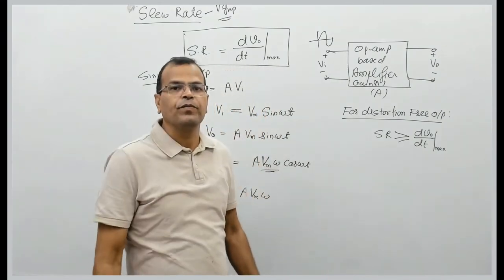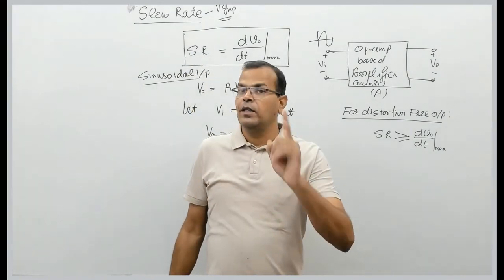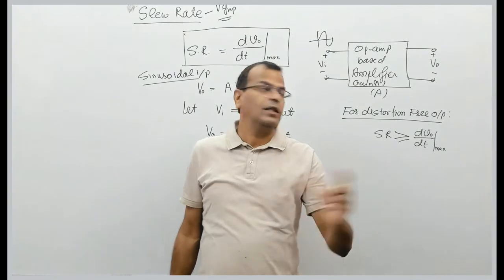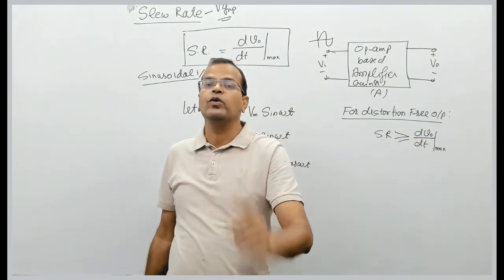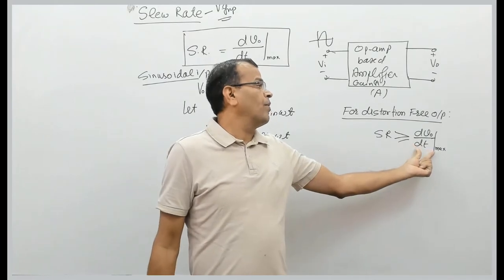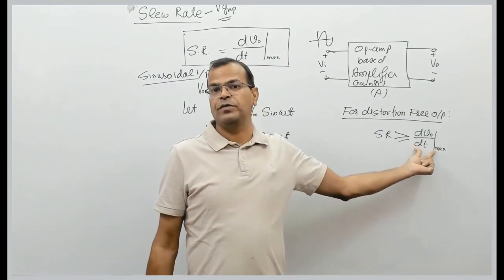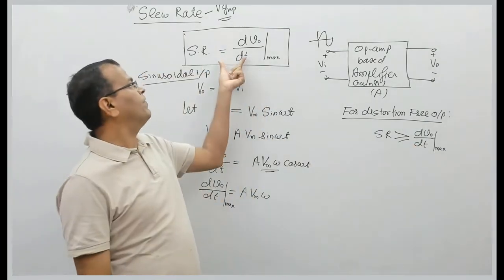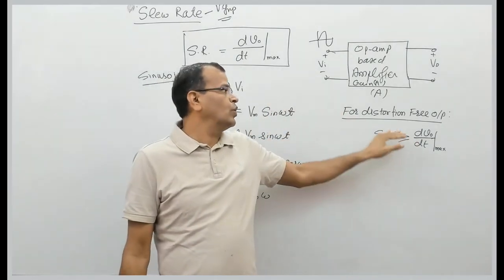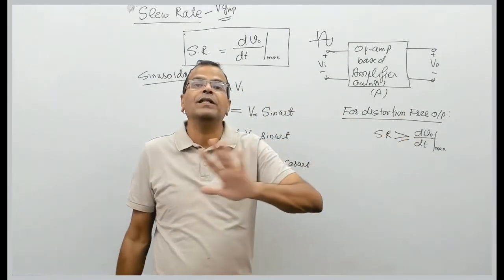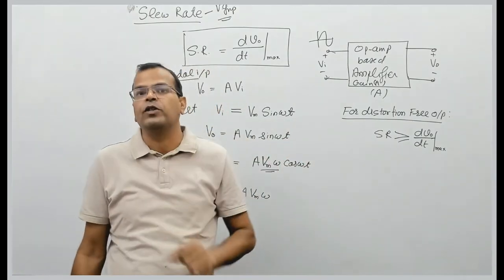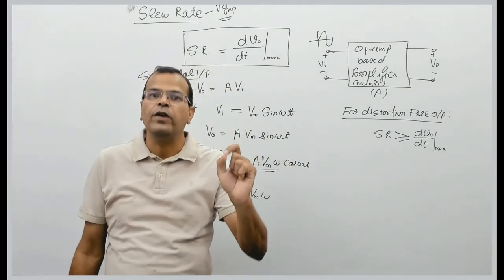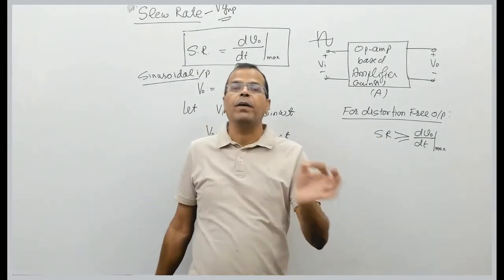I repeat, the slew rate should be more than or equal to the maximum rate of change of output. Although we have defined this, distortion free means there is no distortion in the output. If input is sinusoidal, output will be sinusoidal if and only if this condition on slew rate holds.